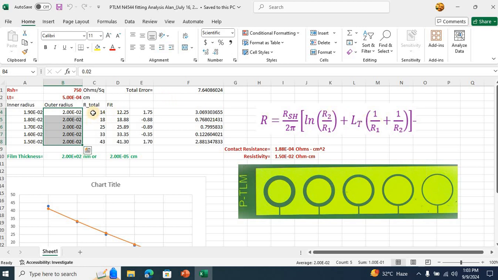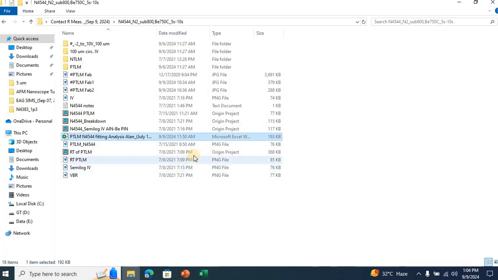Now this column represents the measured resistance for each of the contacts. For example, consider this one in which the spacing is 10 micrometers. I measured the contact resistance and it came out to be 14 ohms. I already discussed how I measure the contact resistance, which is given over here.